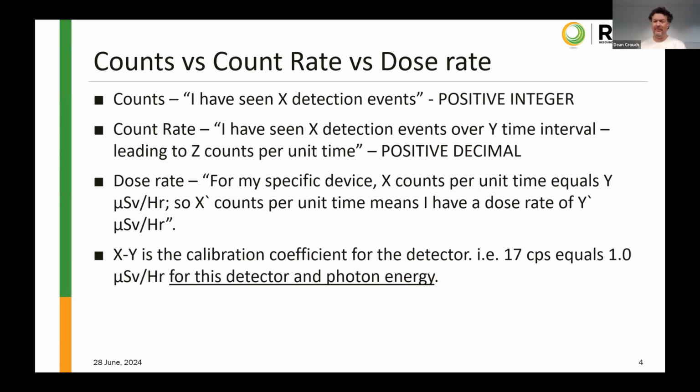I could do a whole other presentation on that, but I'm not going to. You would see a calibration coefficient for your detector. It might be 17 counts per second equals 1 microsievert per hour. Those numbers are really good to know, but they do change from unit to unit.